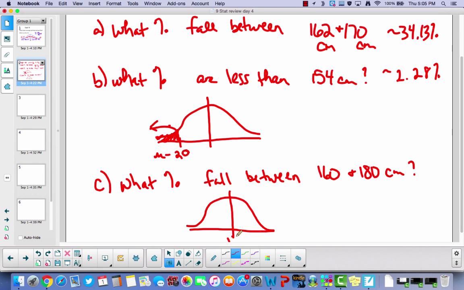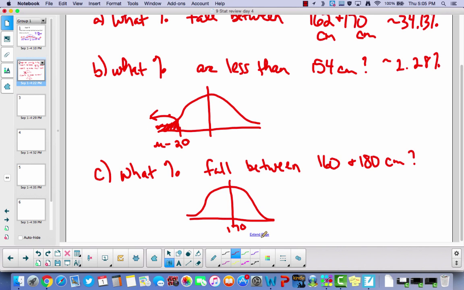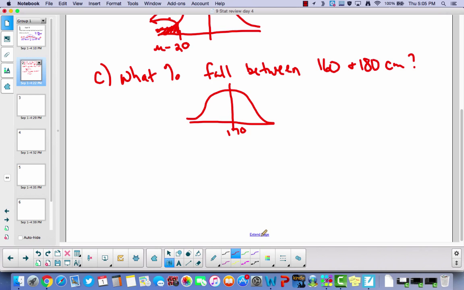Here's my 170. One standard deviation would be 178 and 162. So it's going to be a little more than 1 standard deviation away. So we'll say there and there. And we want to know what falls between, so we want these.